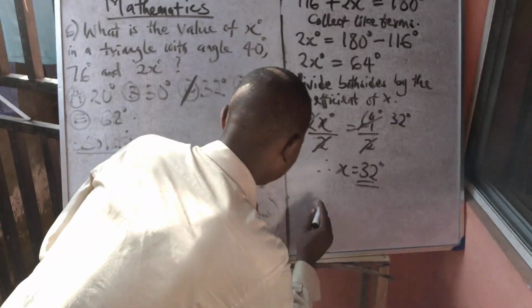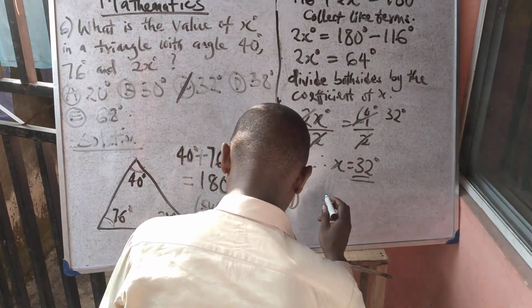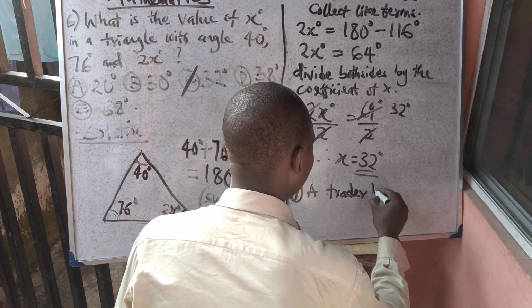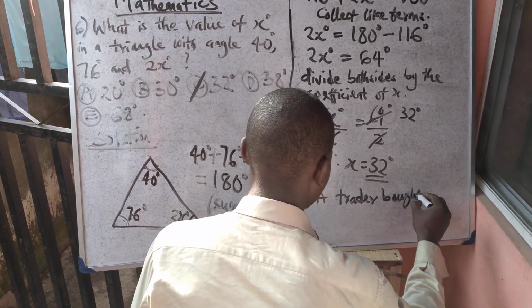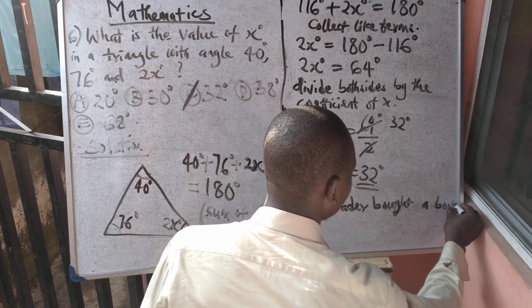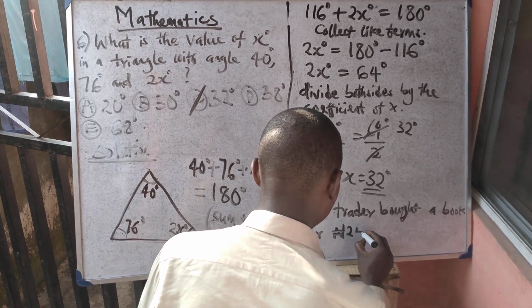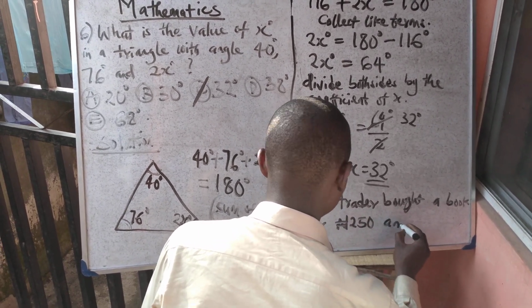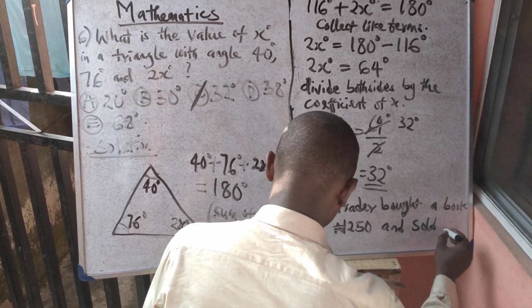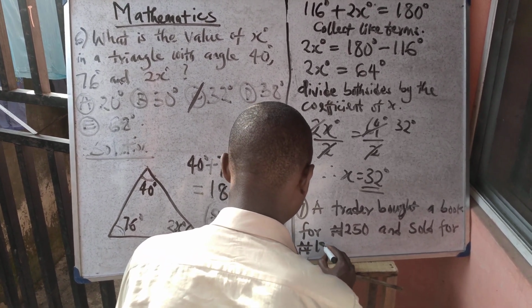Question number 7. It is said that a trader bought a book for 250 naira and sold it for 180 naira.